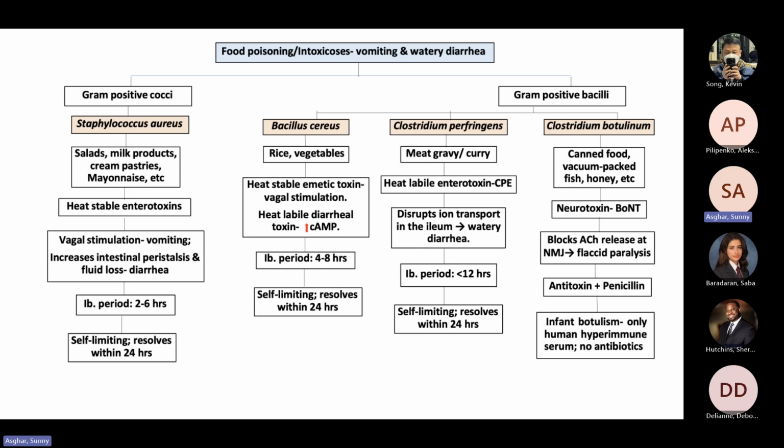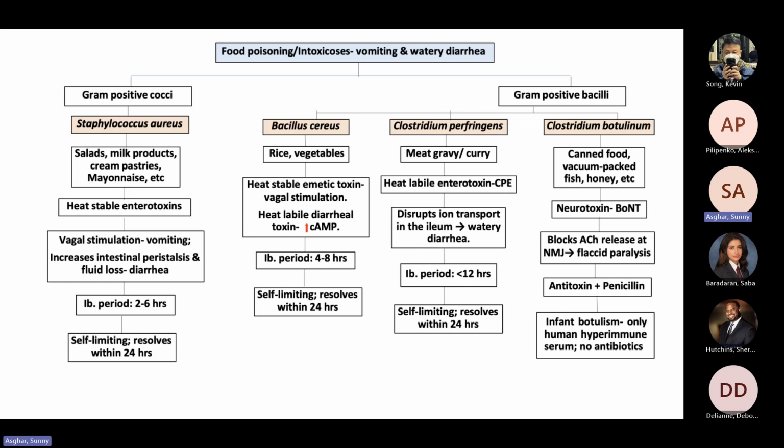And there is another type, infant botulism. So only humans are hyperimmune serum. Infant botulism occurs if you give honey, right? That's why you're not supposed to give honey to kids under 1 year old, because their gut flora isn't fully developed yet.